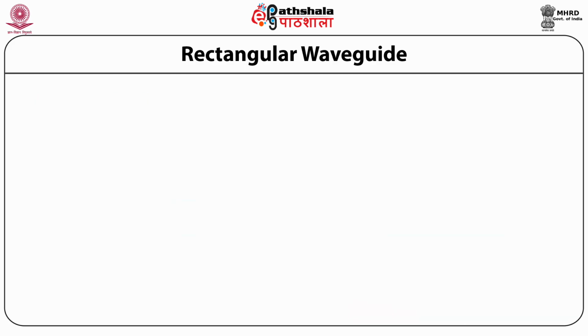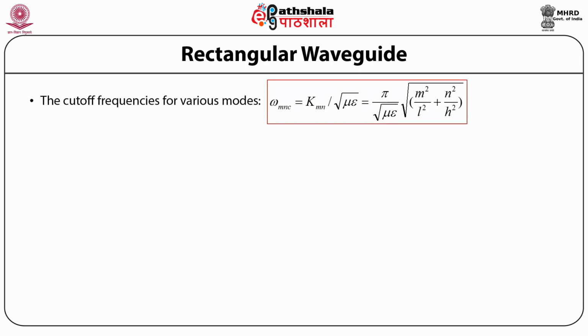Rectangular waveguides. Now, after having found the relation for K_mn squared, we can write down the relation for the cutoff frequency for various modes, given by omega_mnc = K_mn / √(με) = π/√(με) times √(m²/L² + n²/h²).